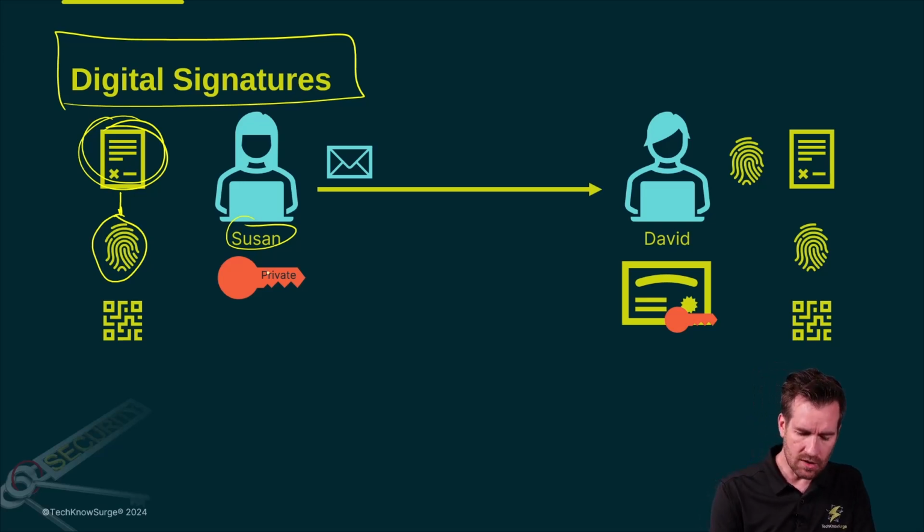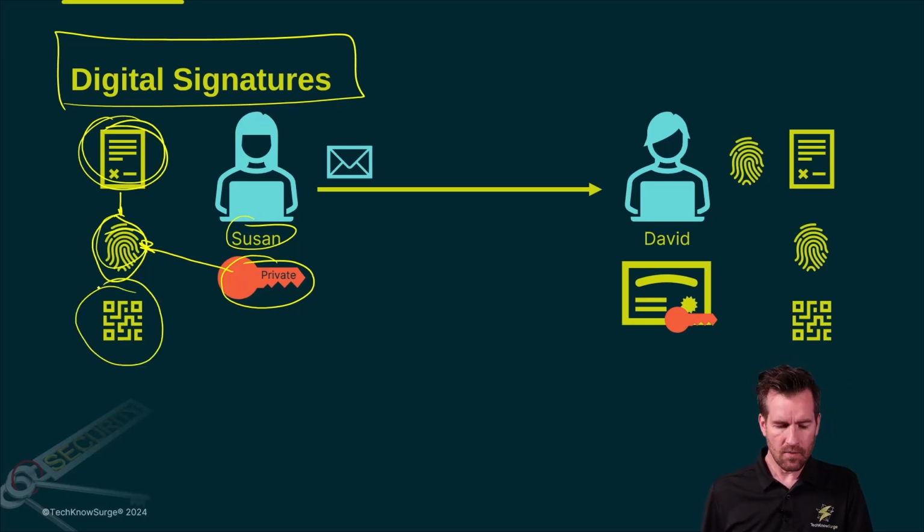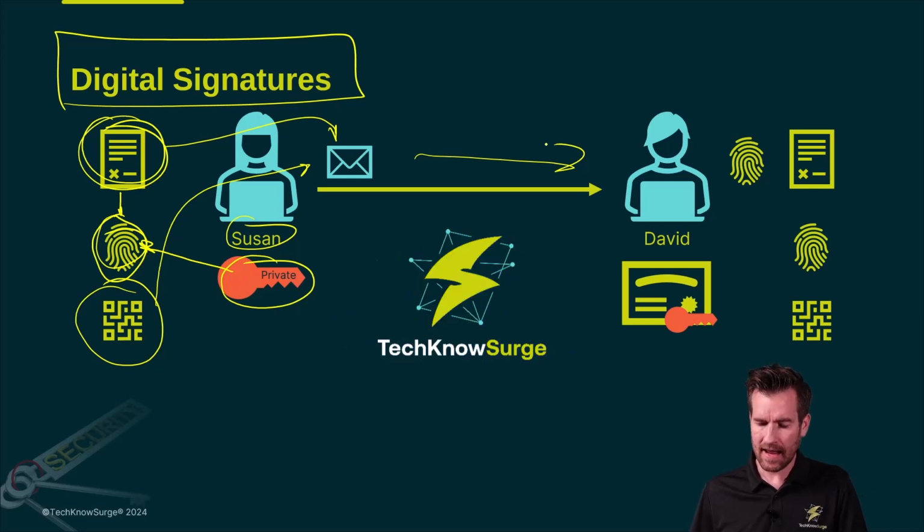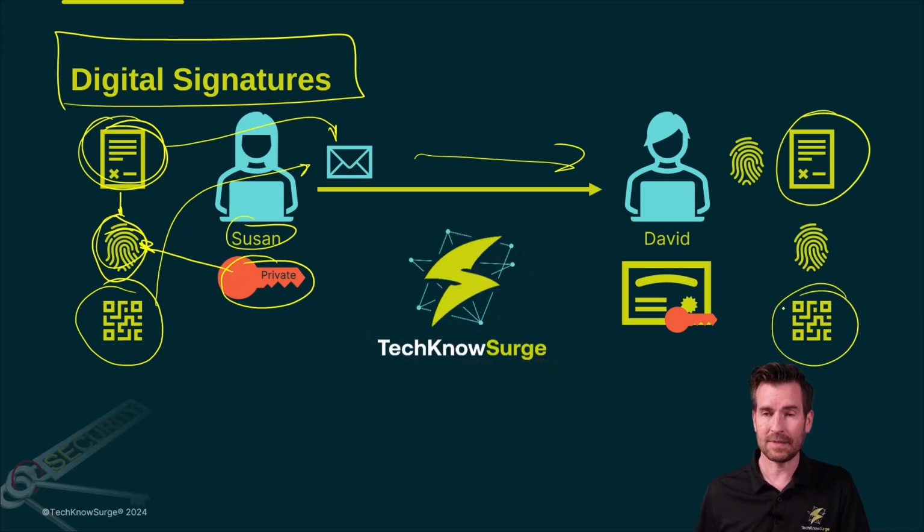Then she'll take her private key and encrypt that hash to create an encrypted hash. Then she'll put that encrypted hash into a message along with the document and send it to David.